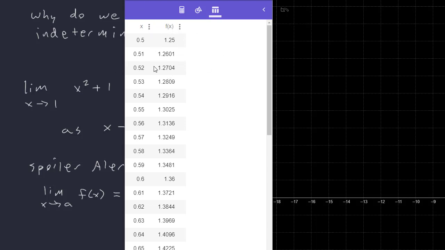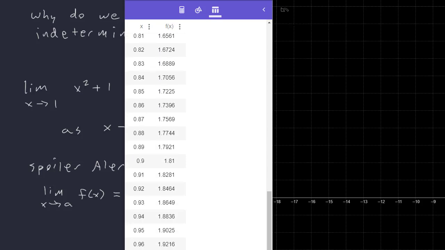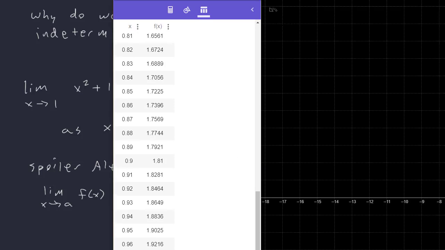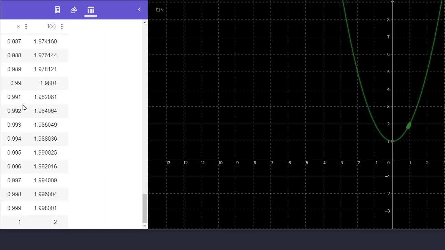Here I'll show you. Okay, here I've made a table of x squared plus 1 and x, and I let x get closer and closer to 1. As you can see, as x gets closer and closer to 1, the f of x's get closer and closer to 2 and eventually equal 2.